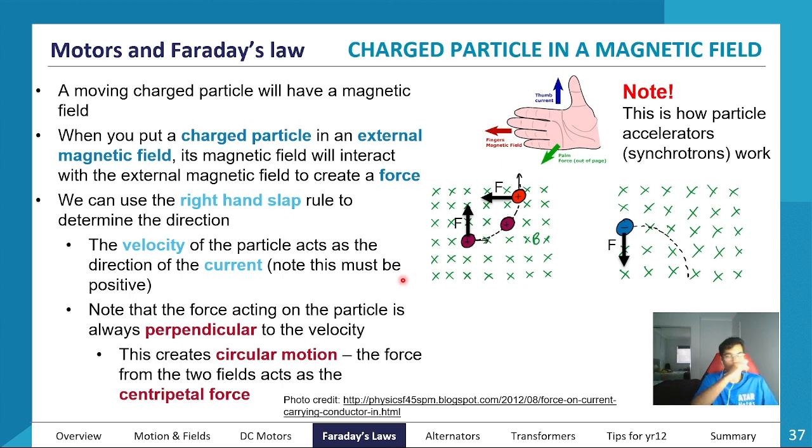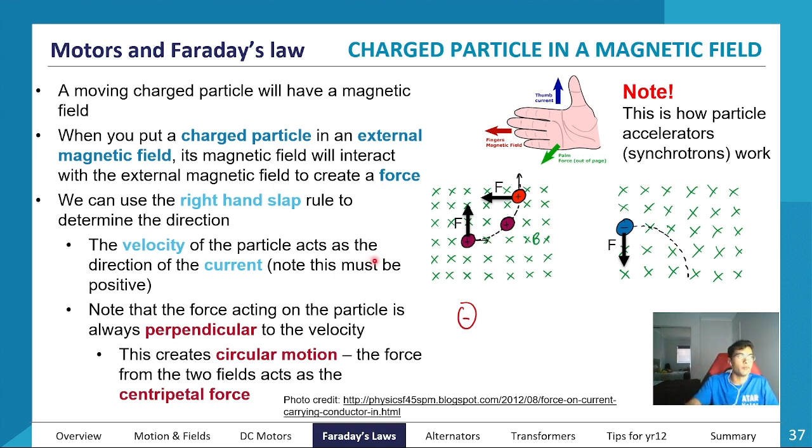If, however, instead of a proton, we had an electron, you would do the same thing. You would point your fingers into the page because the magnetic field is going into the screen. But instead of pointing our thumb to the right, we point our thumb to the left. Our thumb is the direction in which the positive charge is traveling.